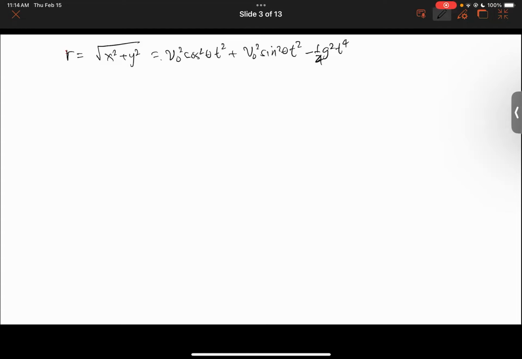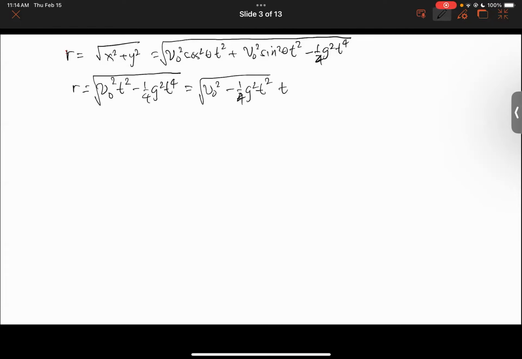Okay, and then we take the square root of that. We can simplify it further: v naught squared t squared minus v naught sine theta g t cubed plus 1/4 g squared t to the fourth. Okay, so yan yung ating displacement. Pwede nyo pang i-factor out yung t squared kung gusto niyo. Then may t dun sa labas. Okay. So this is the displacement, sorry, not the range.